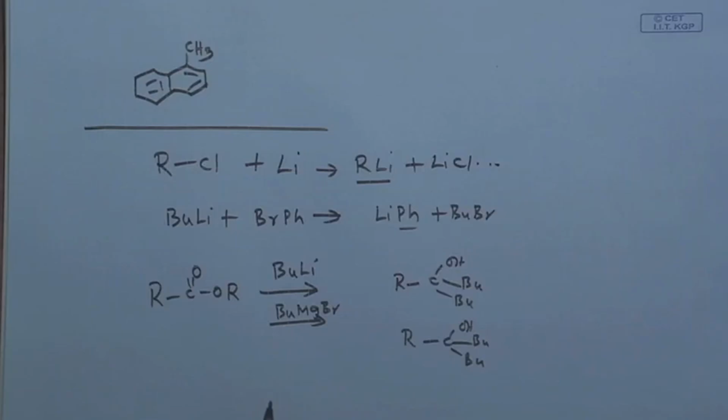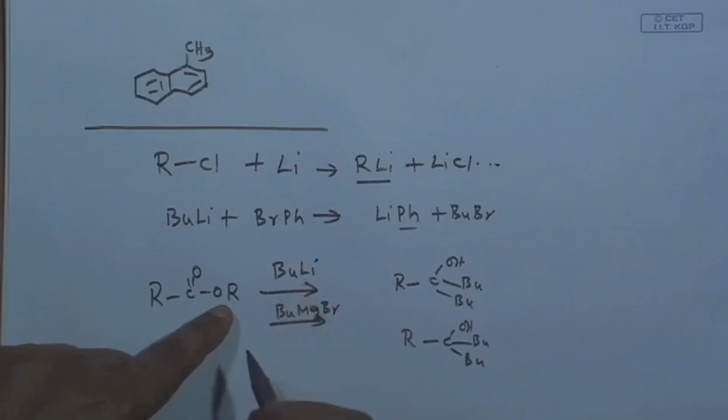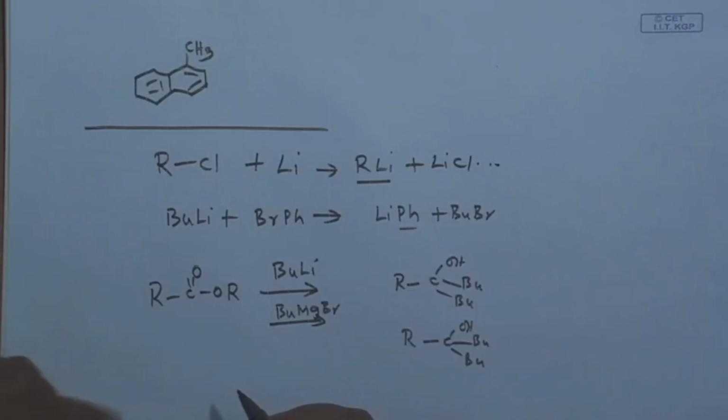That means, by controlling the temperature, you can actually achieve selectivity. At low temperature, maybe you can stop the reaction of this organolithium at the ketone stage. There are examples also.